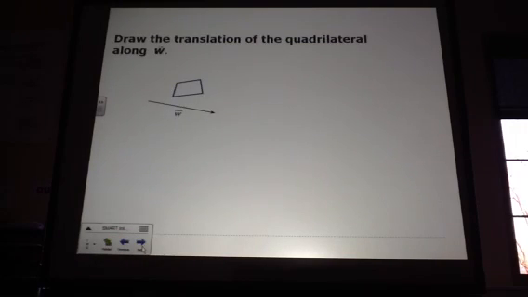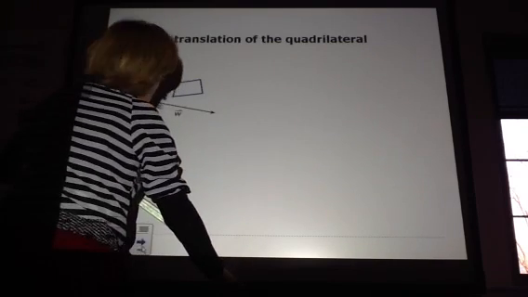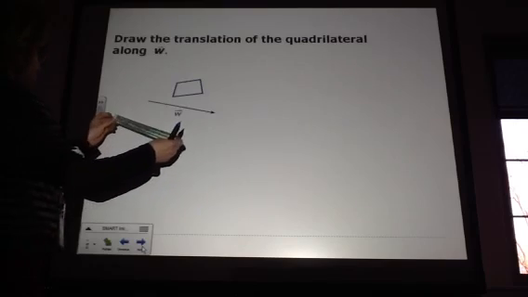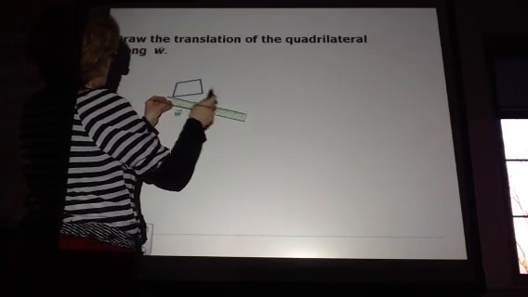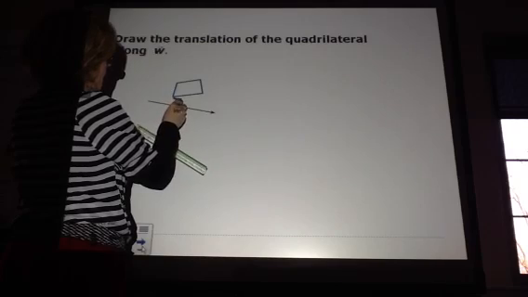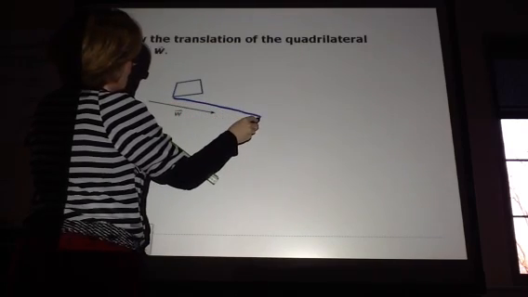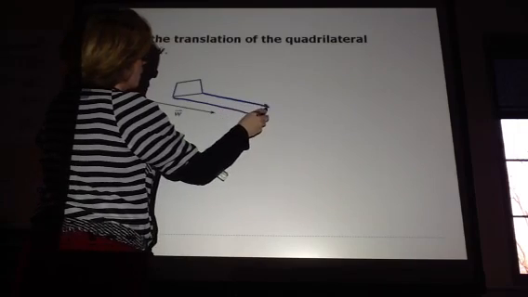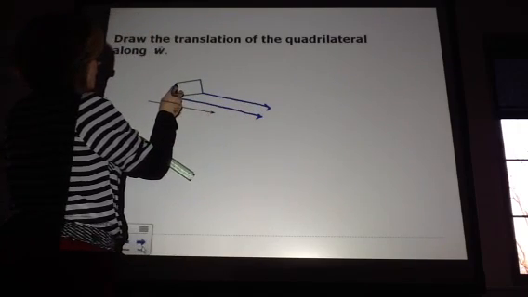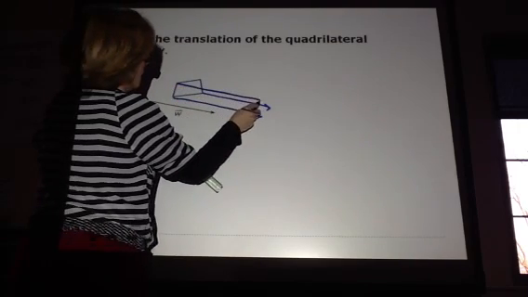Okay, so we're going to do one on our own. And again, this is not going to work well with my straight edge on the smartboard, so I'm going to have to eye it. Okay, so I've got parallel, parallel, so I'm going to eye it. Make it longer. Y'all should be using your ruler here.